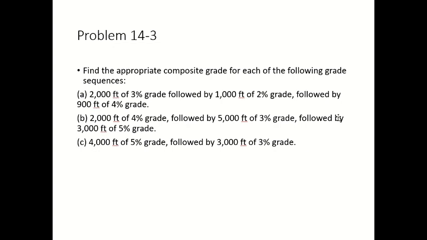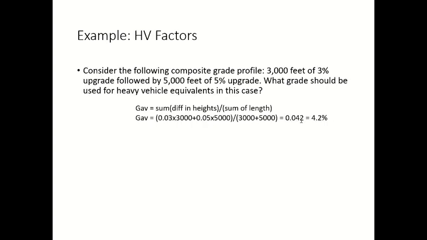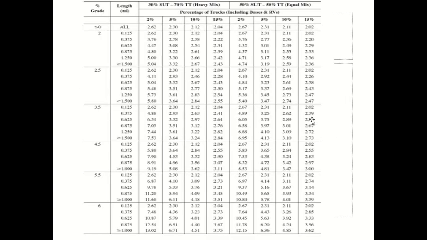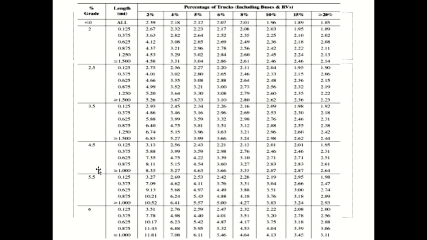Okay, there are some more examples given. You can try them. So when you go to the table, for example, in this case, I'll look for 4.2% gradient, which is not here, so I will do interpolation, obviously. And I will look for length, total length now. So one gradient has 3000, the other one has 5000. Total is 8000.